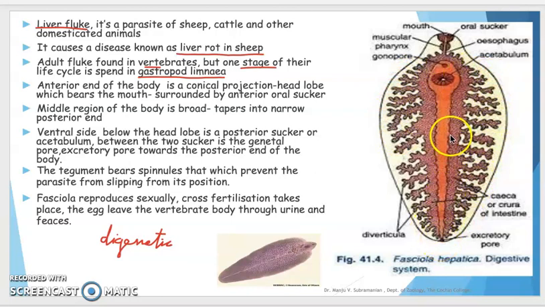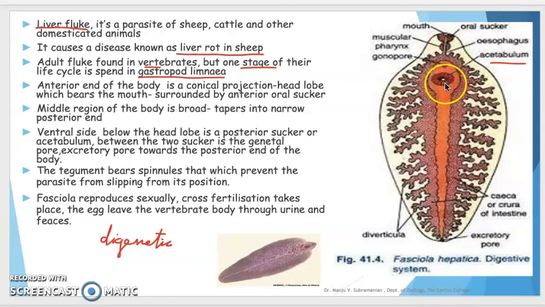On the ventral side below the head lobe, you can see a ventral sucker, also called the posterior sucker or acetabulum.